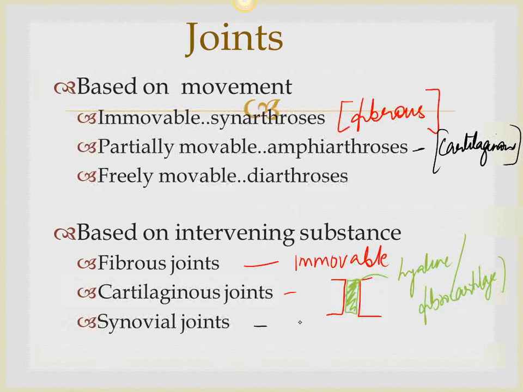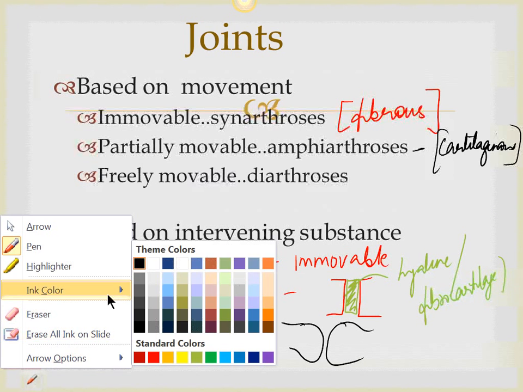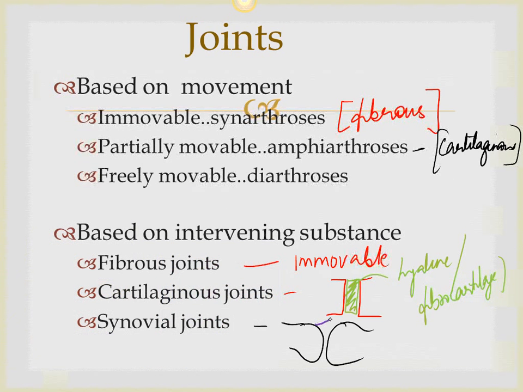So in between two bones, you have a membrane which produces synovial fluid. So there's fluid present inside the cavity. And these joints, again, are seen to be freely movable. So you can add synovial joints here. Again, there are always exceptions. We will go over that when we come to it, okay?